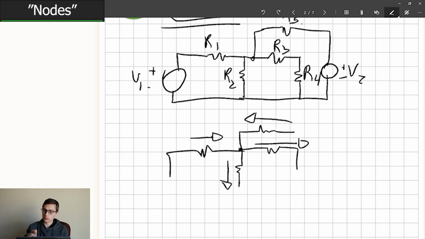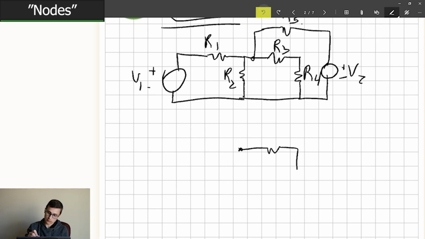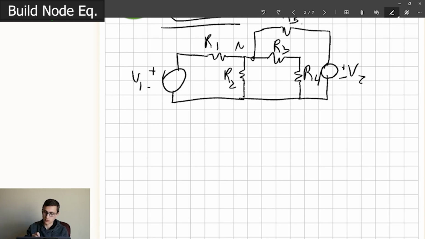So if we were to write that out analytically, we need to label our nodes. We've got node 1, node 2. Today we're working with a modified version of Ohm's law, and that is current.